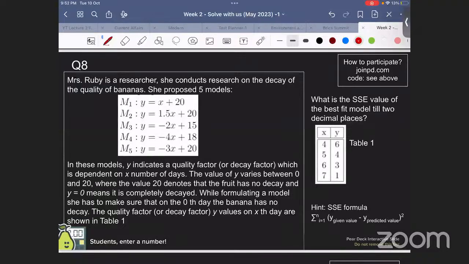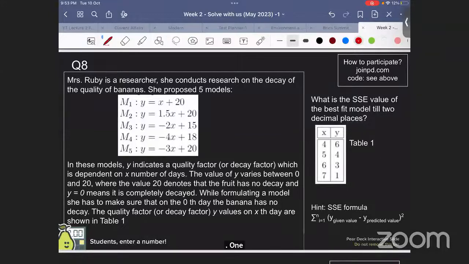Okay, calculate for the 5th model only. There are 5 equations.